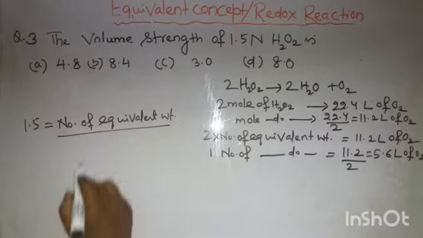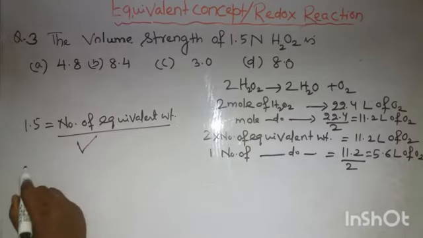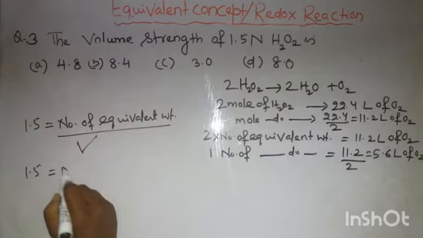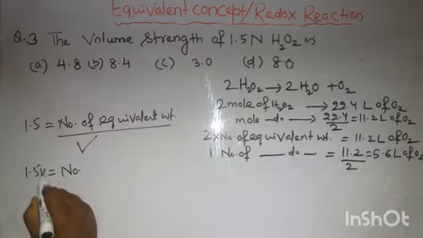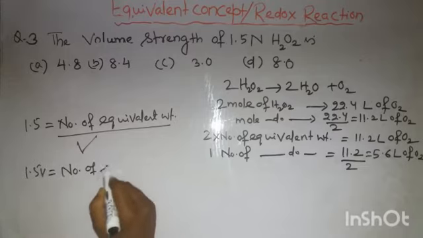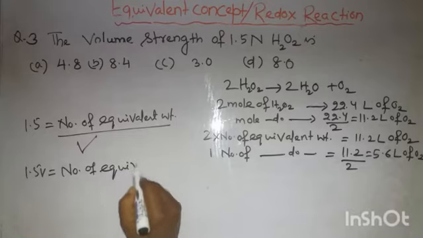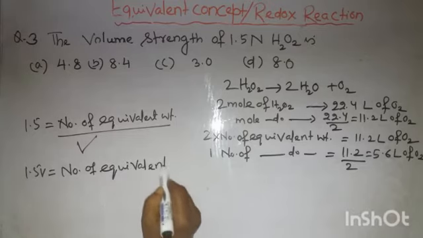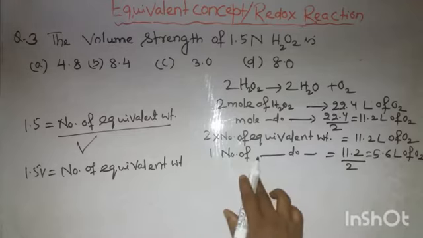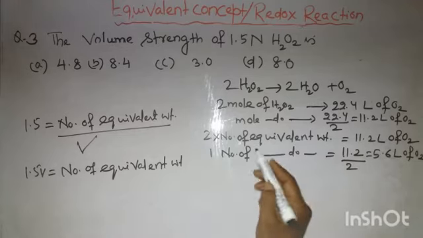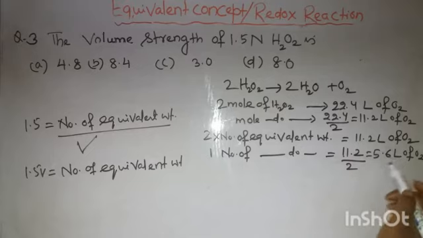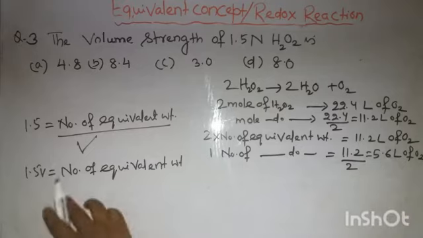The volume of the solution is not known, say V. That means 1.5 V is equal to the number of gram equivalents. Use this information: you know that 1 equivalent equals 5.6 liters of oxygen.